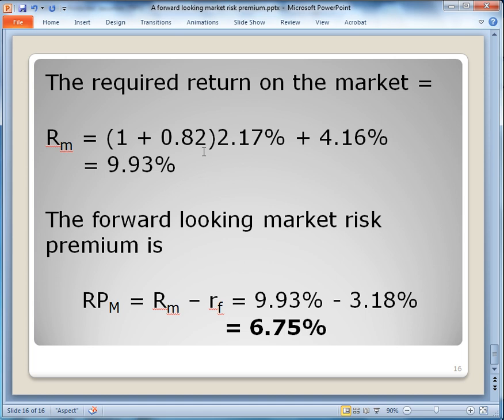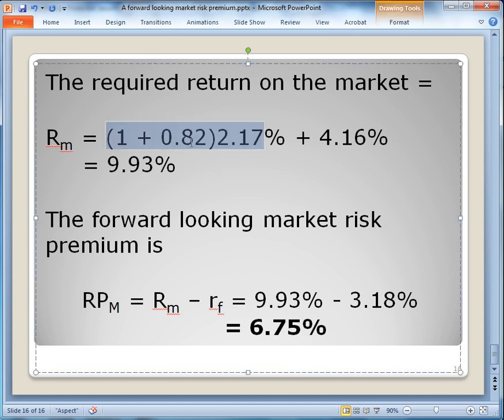So the required return on the market ought to be 1 plus that repurchases divided by dividends ratio, the 1.082, multiplied by the dividend yield, which was the expected future dividend yield of 2.17%. Add to that the expected growth rate. That gives us an expected return on the market of 9.93%.